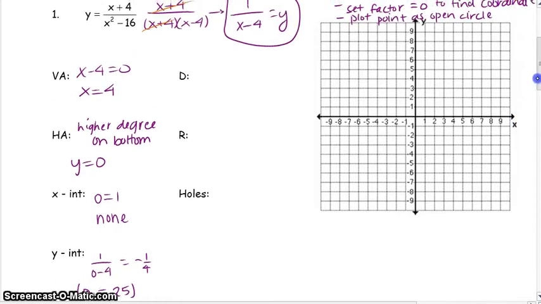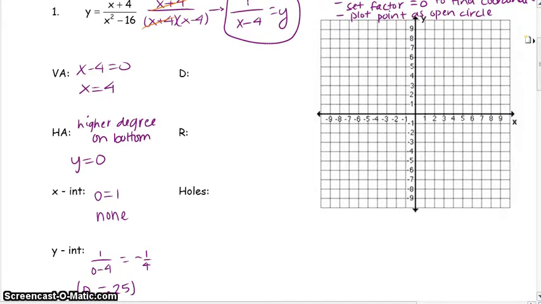From here, I'm going to plot everything that I know about my graph. My vertical asymptote is x equals 4. My horizontal asymptote is at y equals 0. I don't have any x-intercepts, and my y-intercept is at 0, negative 0.25, so roughly about there.